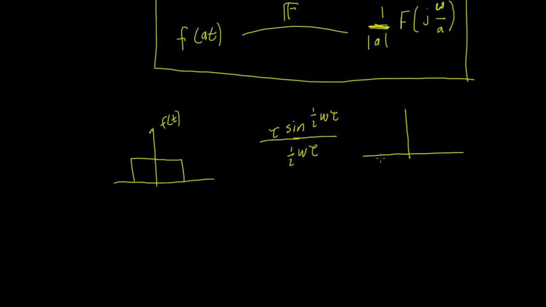So we have a first crossover point there at 2 pi upon tau, and the height of that there is tau.